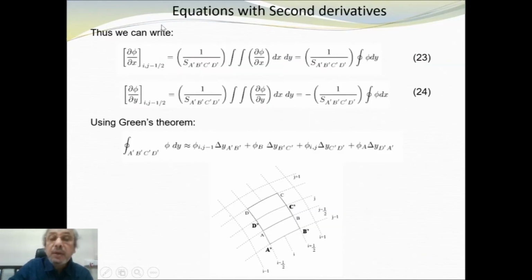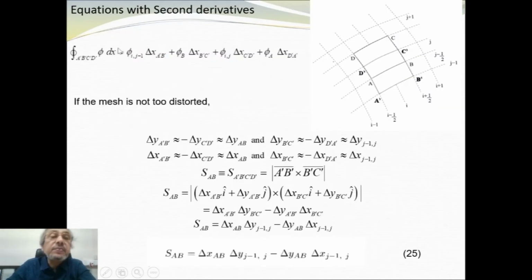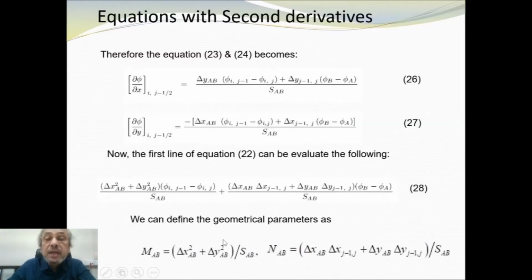As I said earlier, this is integral phi dy, this is integral phi dx, and this is the area. So we are dividing integral phi dy by area and integral phi dx by area, and we are getting equations 26 and 27.